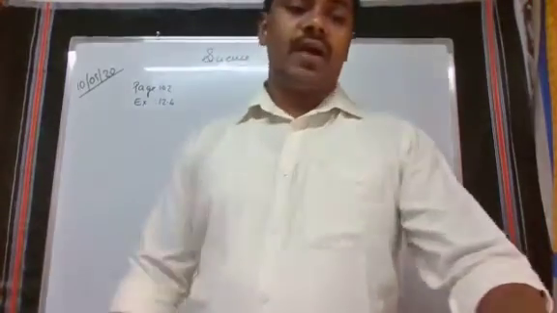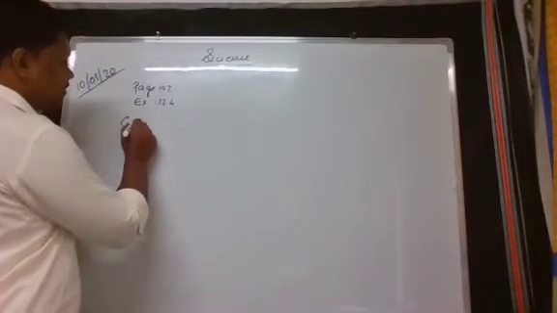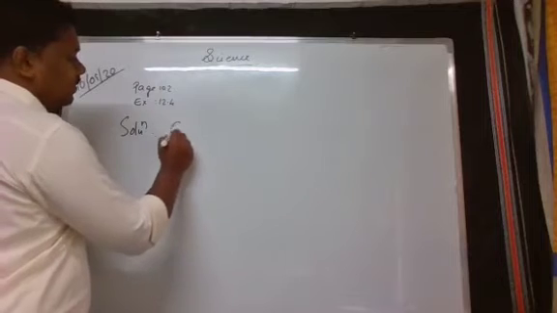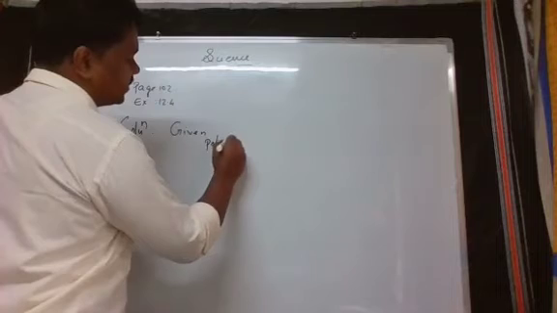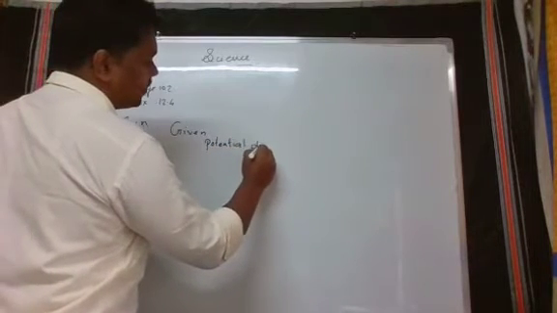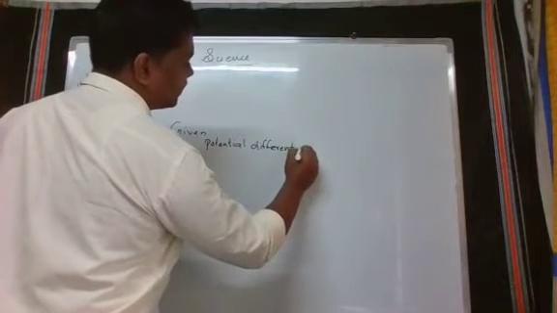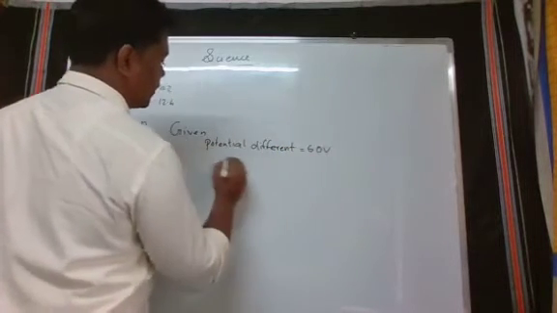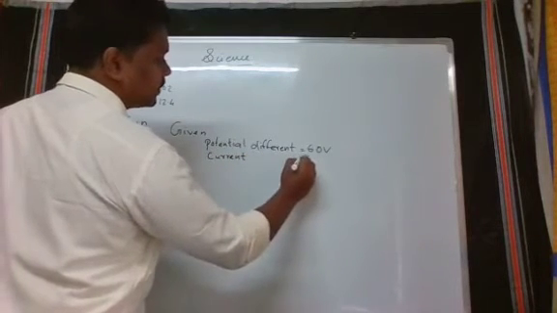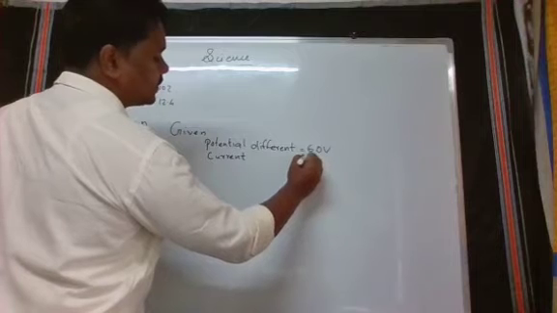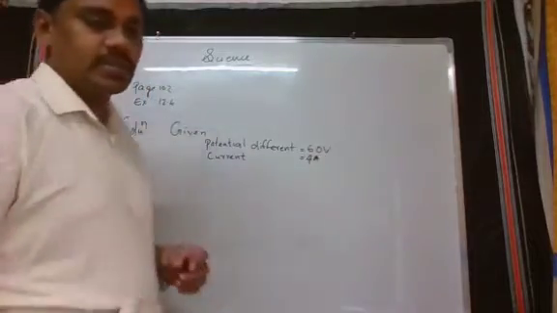And what is given? Let us write what is given. We are writing the solution. Given that potential difference, that is represented as V, is 60 volt, and current in the first case, current I, is 4 ampere, is it not?